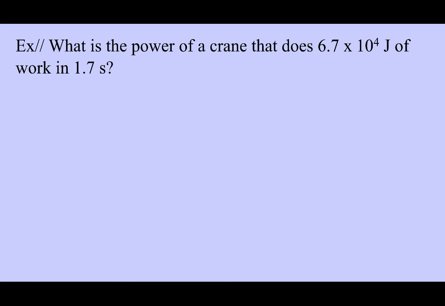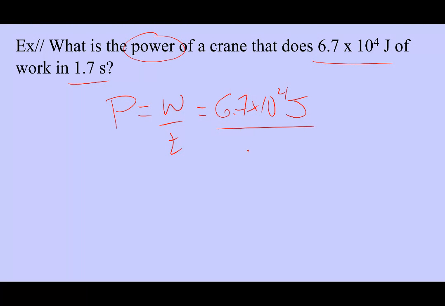So the rest of this lesson is just showing you guys a couple of examples on how to use that formula, which admittedly is pretty easy. So what is the power of a crane? Solving for power that does that much work in that much time. So you go work over time: 6.7 times 10 to the power of 4 joules divided by 1.7 seconds. I'm going to punch that into my calculator right now.